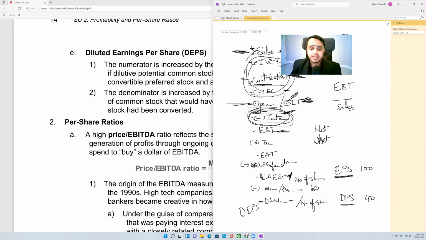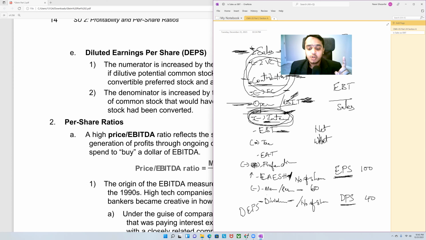You pay them interest. Suppose those loan notes or debentures are converted into equity. Now, when they're converted, your interest expense will go down because they have been removed from the loan. So your earnings available to equity shareholders will increase.